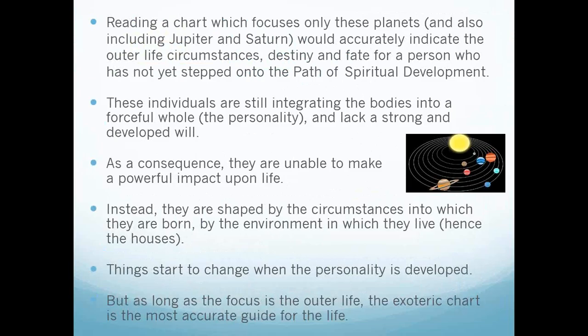When we say that the individuals are integrating the bodies, we're referring to the physical etheric body or vehicle, the emotional body or vehicle, and the mental. And part of the evolutionary process is to learn to integrate all of that, to coordinate it, so we are a functioning whole that can be effective in the world.